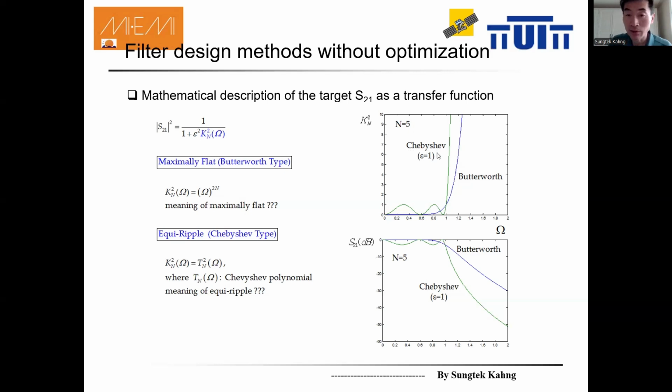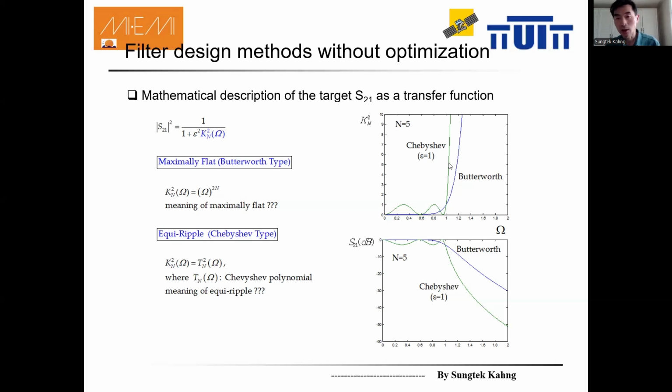With a limited number of resonators, order here means resonators. A resonator is either a series LC or a shunt LC. LC makes a pole. So order is related to the number of resonators or the number of poles.